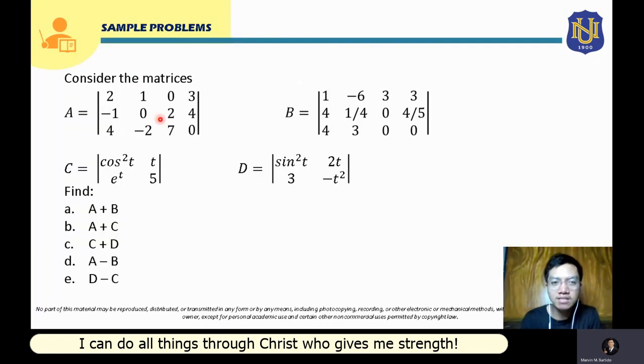So let us consider the matrices here. We have matrix A, matrix B, matrix C, and matrix D. We are asked to solve for A plus B, or the sum of matrix A and matrix B. For the second one, it will be A plus C, then C plus D, A minus B, then D minus C. So we are going to solve this.